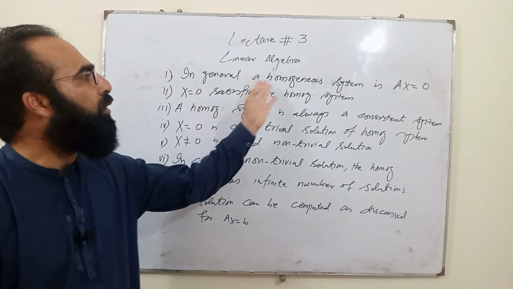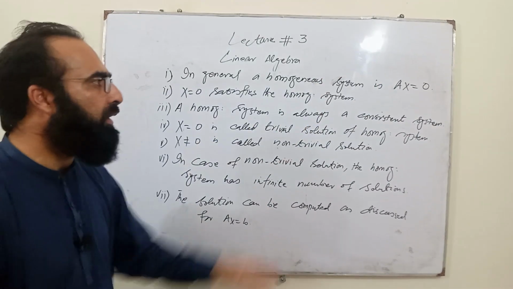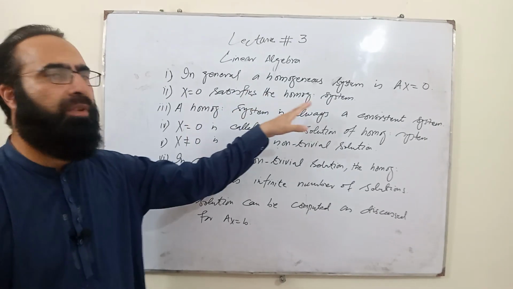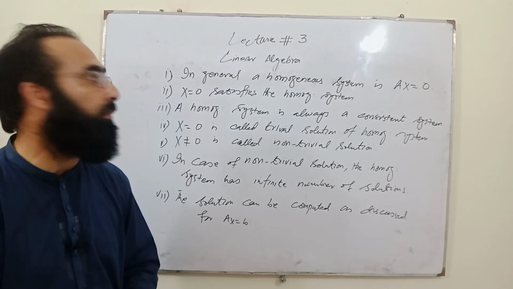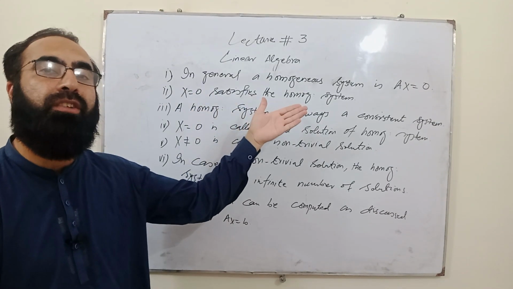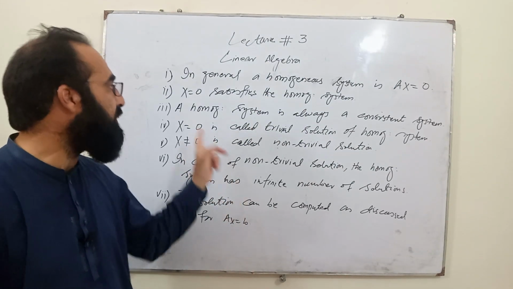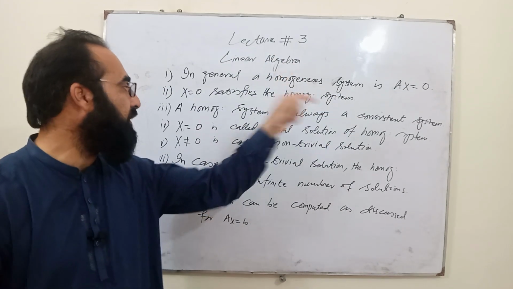In general, a homogeneous system can be written as Ax = O, where O represents a null matrix, and x = 0 satisfies a homogeneous system, and it will always satisfy a homogeneous system. So this shows that a homogeneous system has a solution, and we know that a system having a solution is known as a consistent system, so a homogeneous system is always a consistent system.